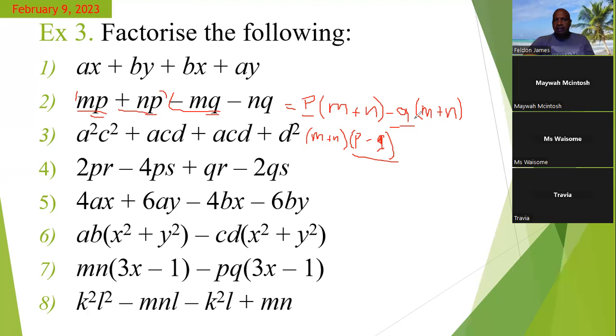We put back the p and we put back the minus q in the second bracket. So you can also look at it in that respect. So once you have these two brackets that are exactly the same, you just take what is outside the two brackets and put it in the second bracket. All right, so some of you might be able to see it like that.